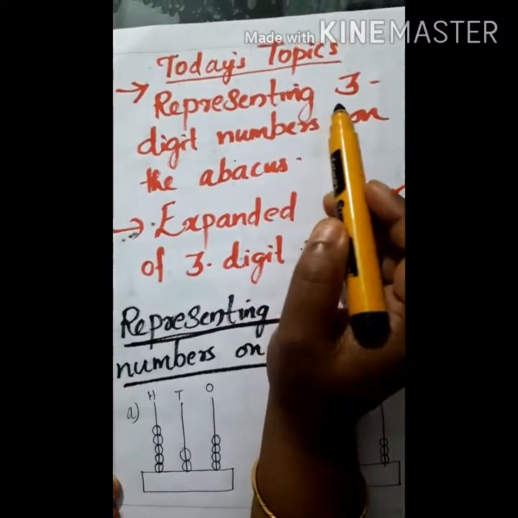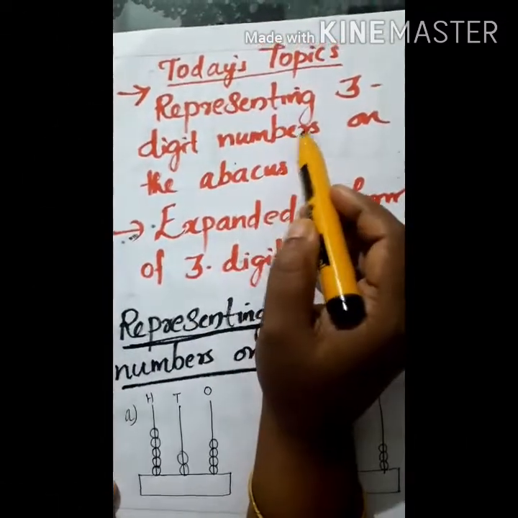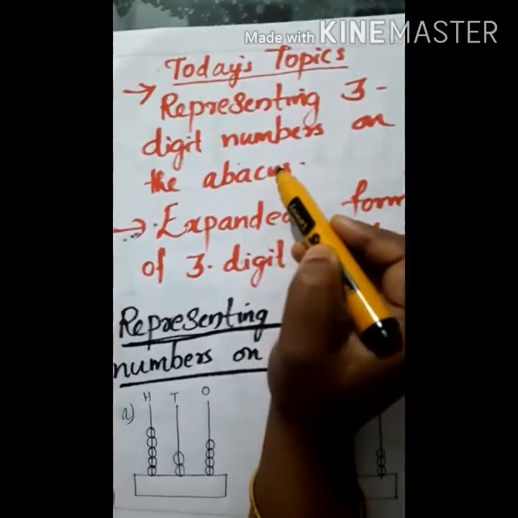So children, in this class we are going to discuss how to represent a 3-digit number on an abacus. The topics are representing 3-digit numbers on the abacus.